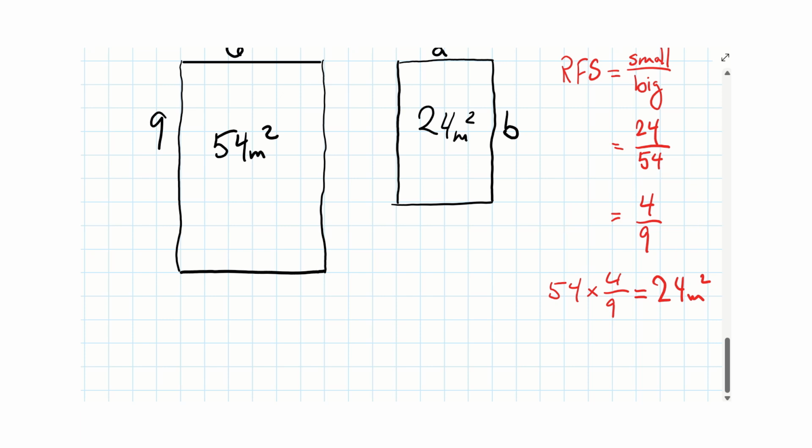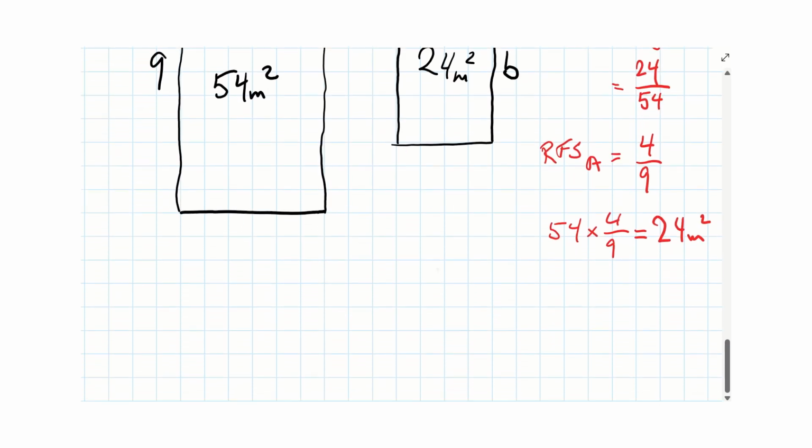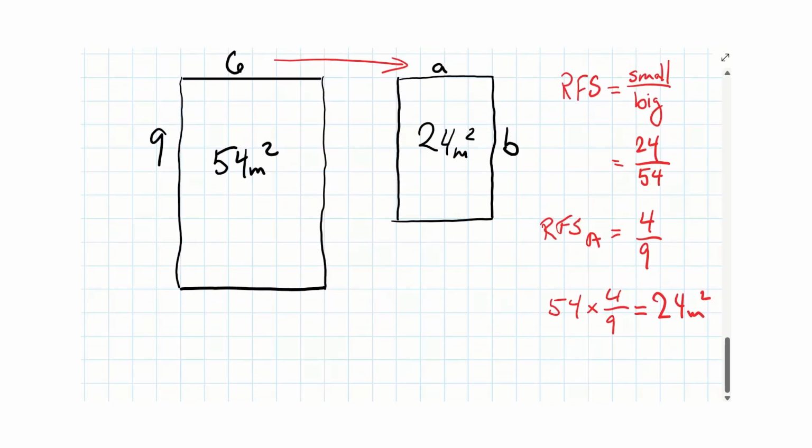But remember, this is the reduce factor scale for an area. And when we're looking for these new values, we're not going to be looking for areas. We're going to be looking for lengths. So this time, as we're trying to figure out the value of A, we're going to be multiplying 6 times the scale factor, but we're going to have to do something to it.